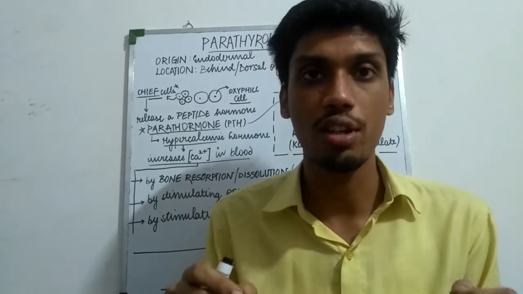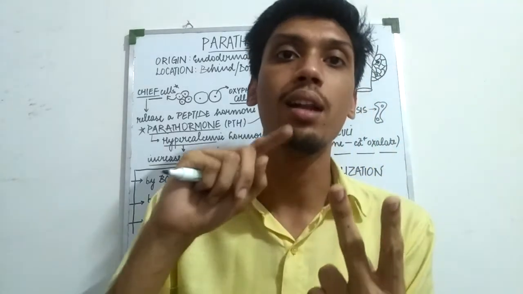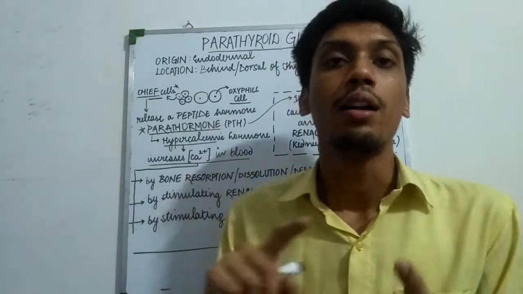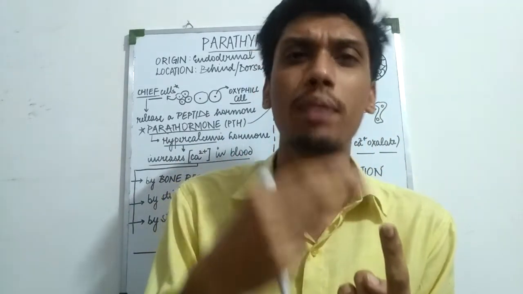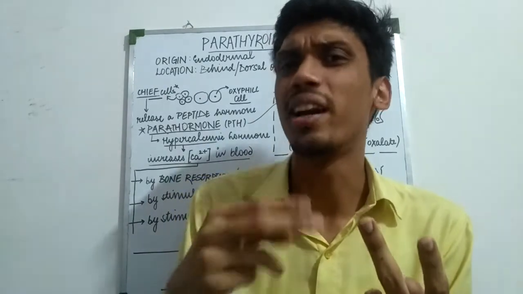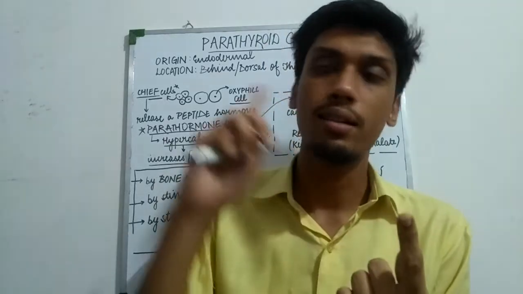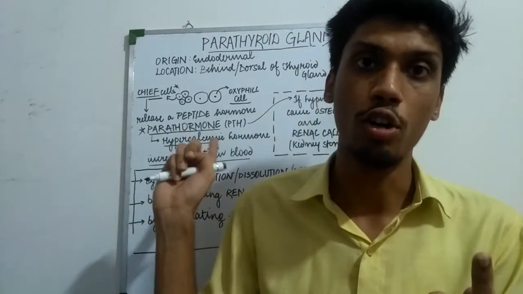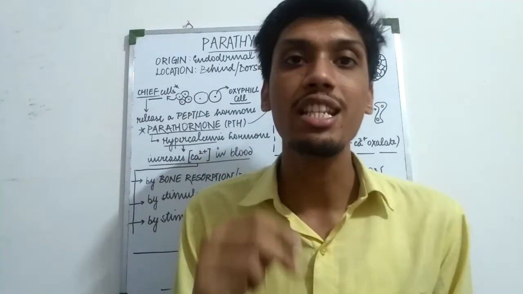The water soluble hormones are also called peptide hormones, and the lipid soluble hormones are those which are steroidal in nature. We'll get to that, but presently this is a water soluble, or peptide, hormone, and its name is parathormone, secreted by chief cells.